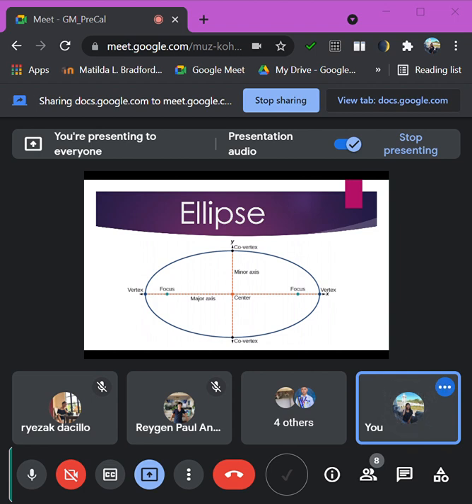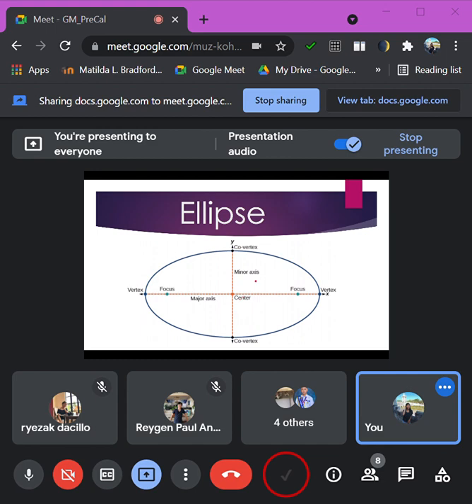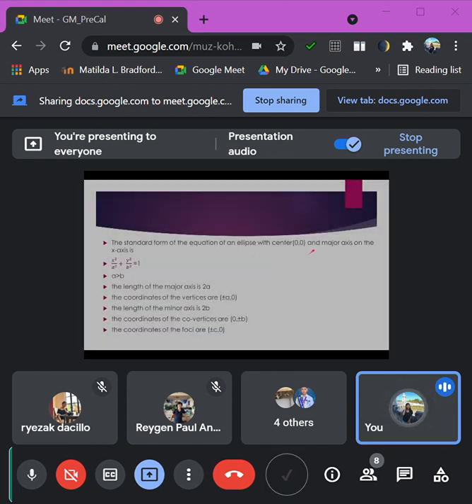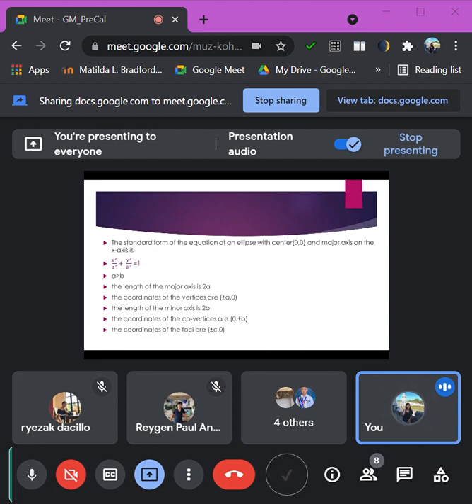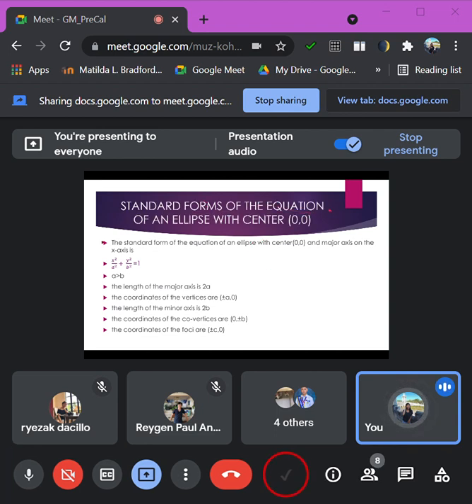Okay. Sige. Now this time, let's have our tan-awon kung unsay iyahang standard form or unsay iyahang standard nga equation if we are going to have our ellipse. So we have here, this is the standard form of the ellipse, which has the equation and a center of 0, 0.